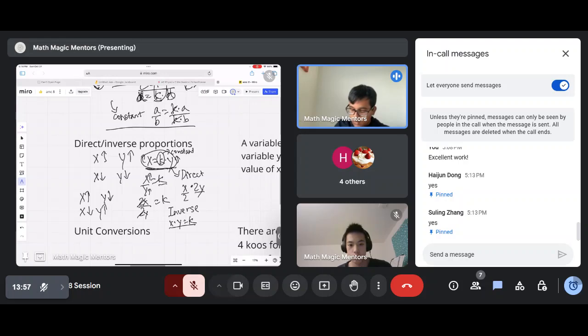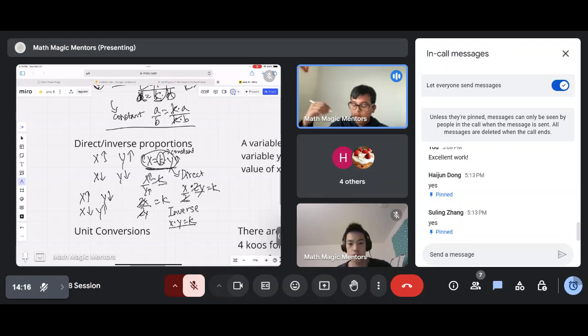So if y became 2y and x also became 2x, k would become 4 times k, right? Because 2x times 2y is 4xy, and so it's 4k. But if x decreased to x over 2, you have x over 2 times 2y equals k, because the 2 cancels out.